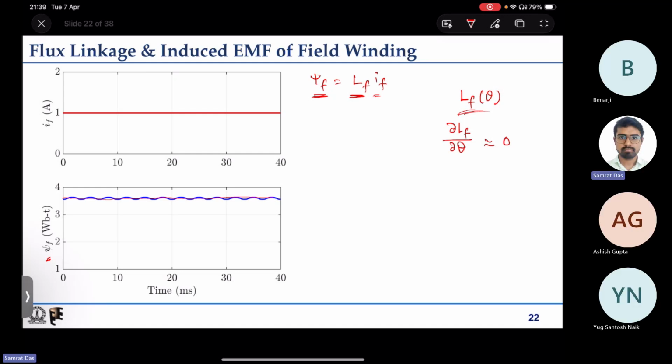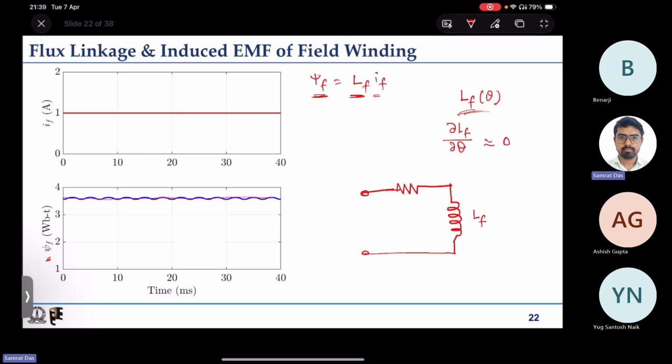So for this field winding, if you want to represent it in terms of an electrical equivalent circuit, then if these are the two terminals, the winding will have some resistance, and it would have some inductance also, that is the self inductance LF, that is reasonably constant.